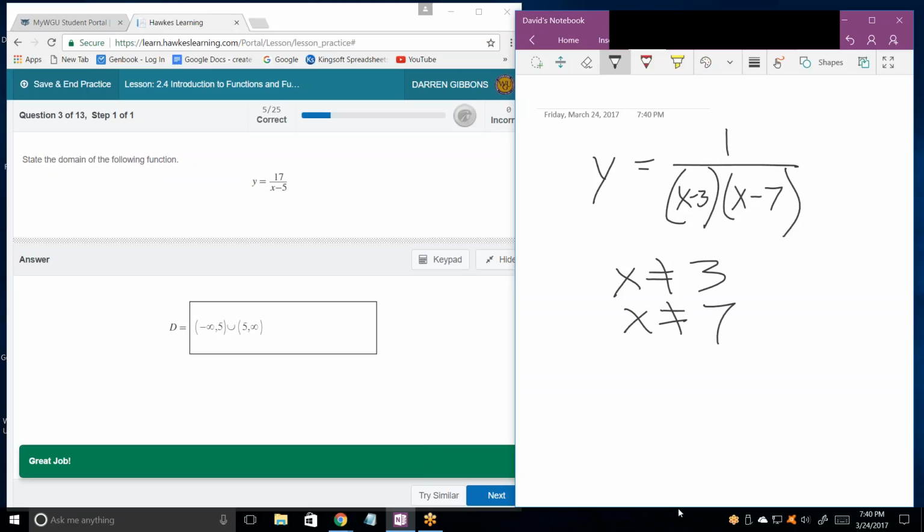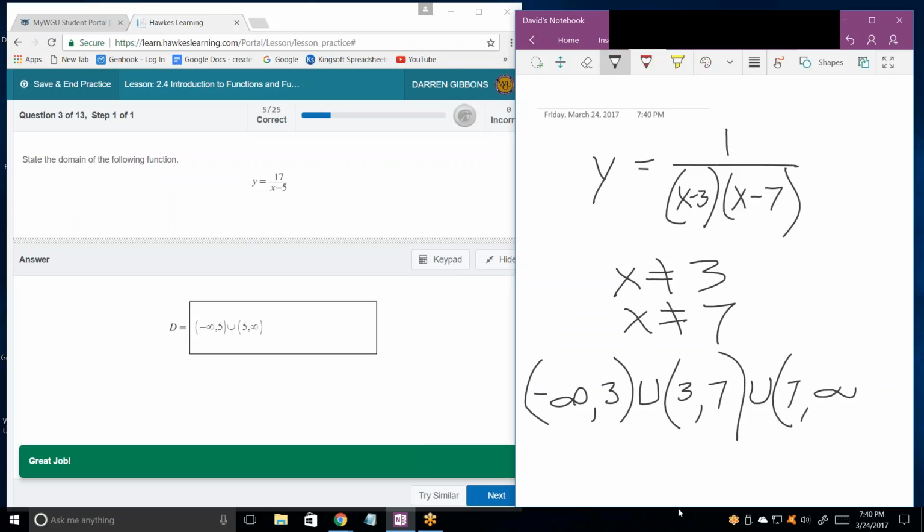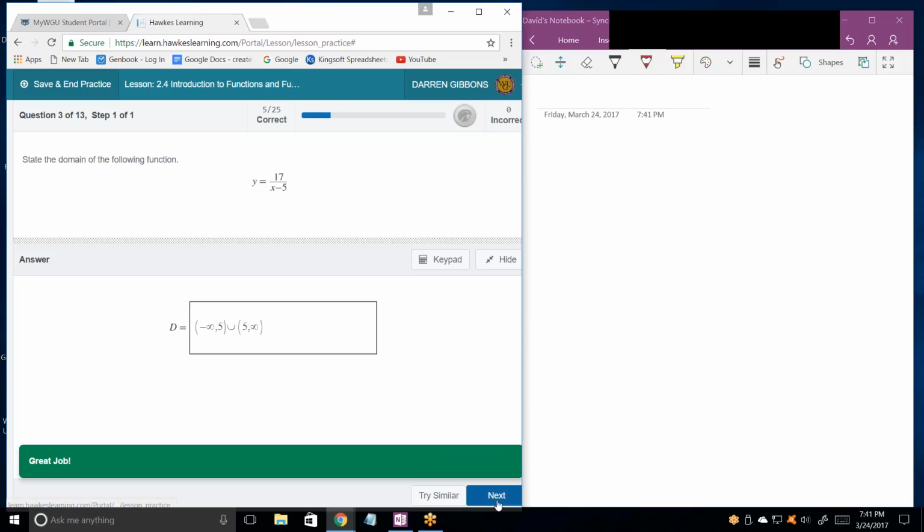If I want to spell that out in interval notation, I'm going to write negative infinity to 3 in union with 3 to 7 in union with 7 to positive infinity. So interval notation gives you the advantage of being able to put multiple intervals down. And that's why it's kind of the standard format. All right. I guess we're ready to go next here.